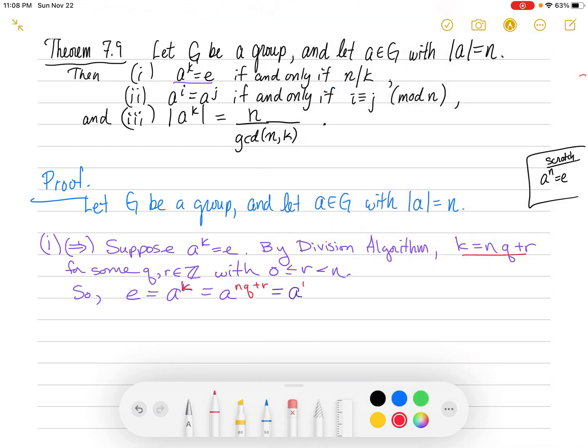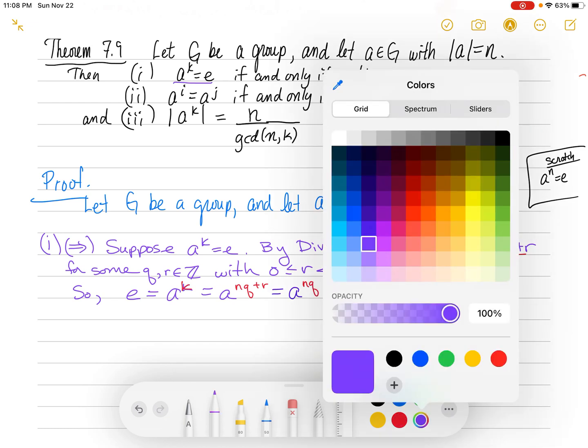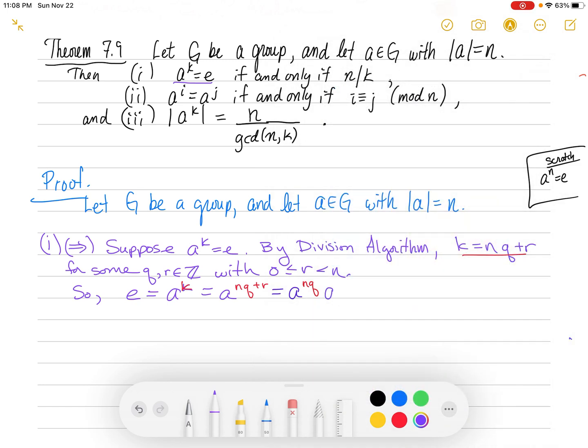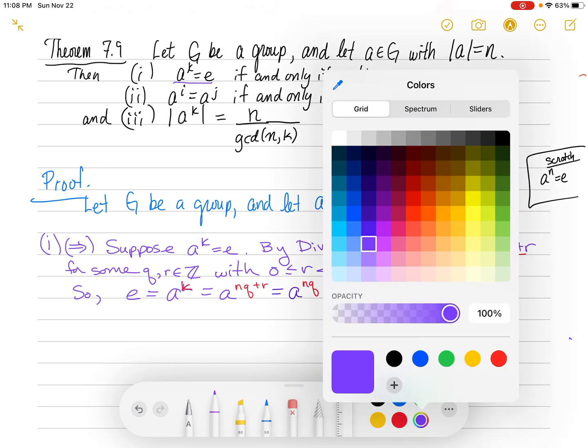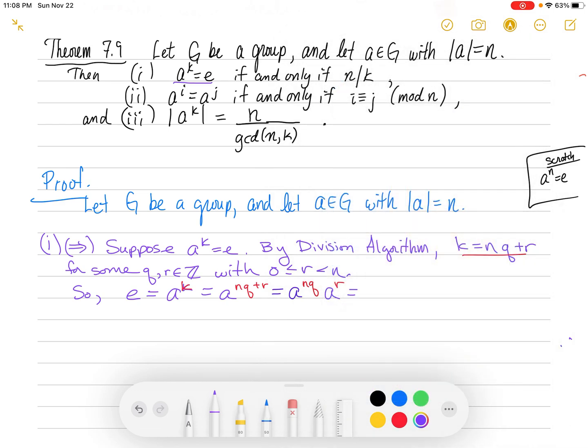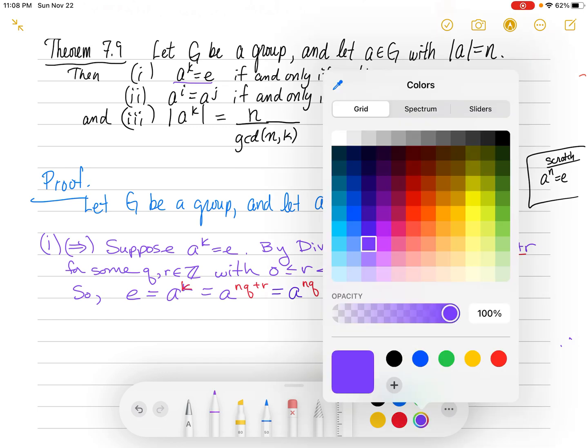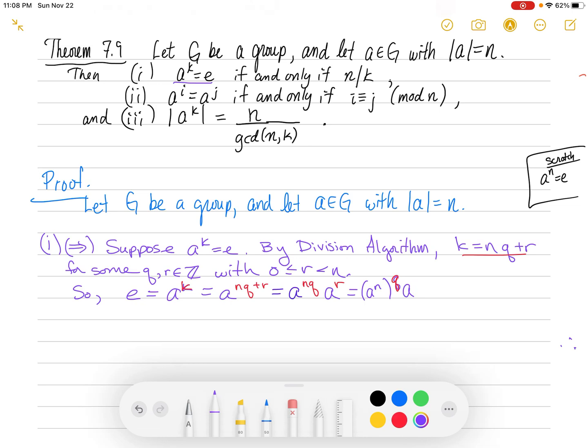It's going to be a to the nq times a to the r. But wait a second, we can break this up into a to the n to the q, times a to the r.